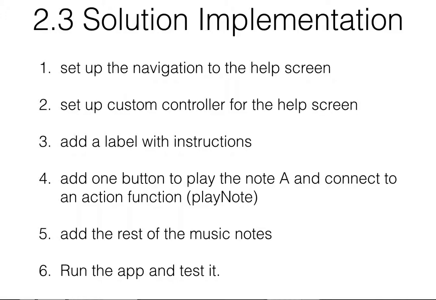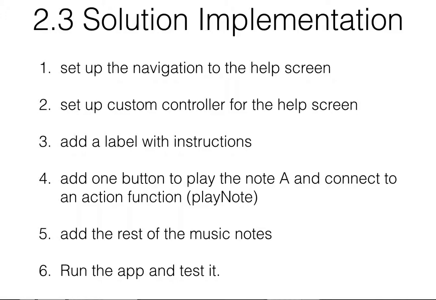Solution implementation, we already set up the navigation and the help screen. We set up the custom controller, so we need to add the label with instructions. We're going to start first by adding one button to play the A note, and practice to make sure that we get that one correctly. Once we get one button correctly, we can then add the rest of the buttons and run the app and test it.